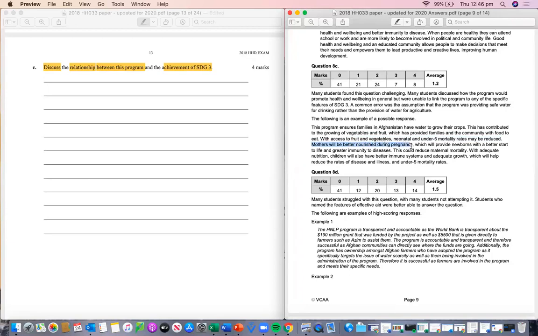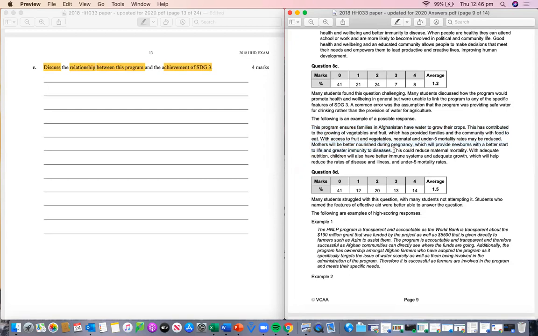So the first part looked at agriculture, crops being grown, and how it can impact neonatal and under 5 mortality rates. The second part focuses on mothers being nourished during pregnancy, and then building immunity to diseases for their newborns.